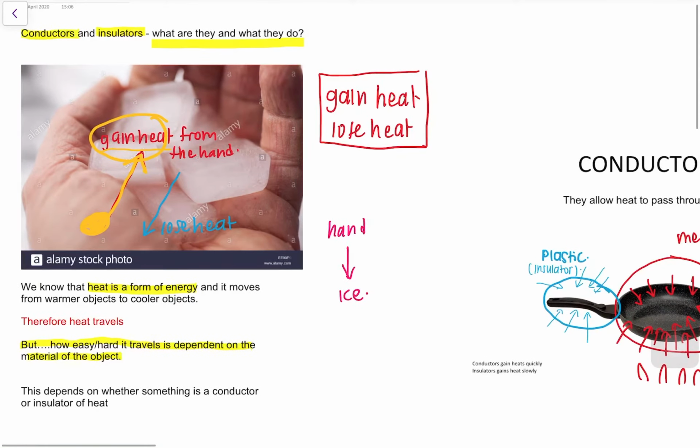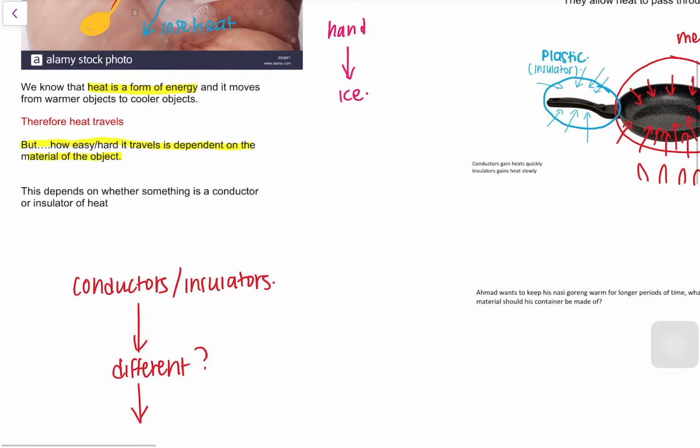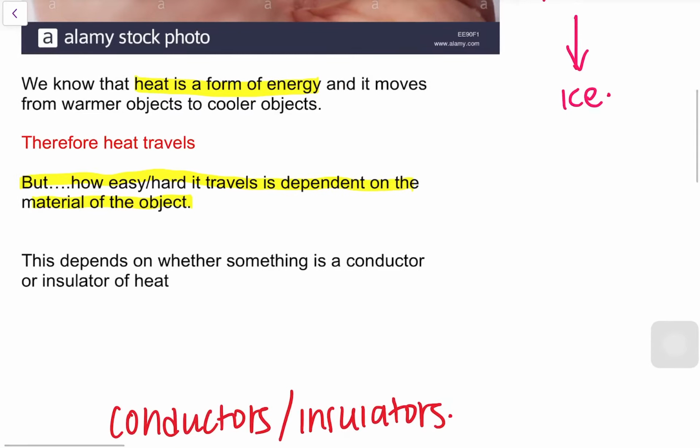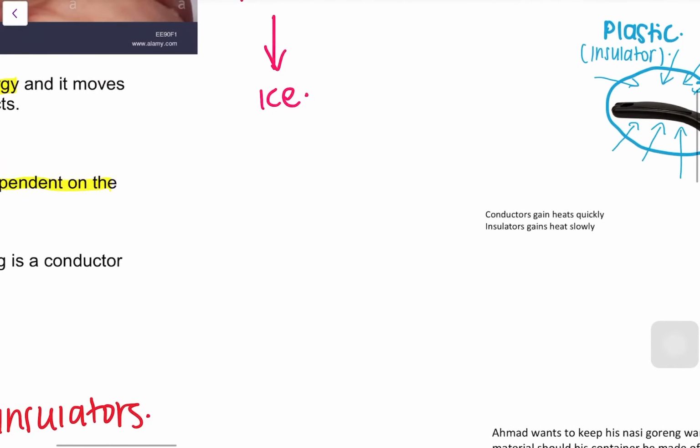Alright? So when we are talking about conductors and insulators, what we are actually focusing on is how easy or hard heat can travel through a material. So let me just write that down for you.